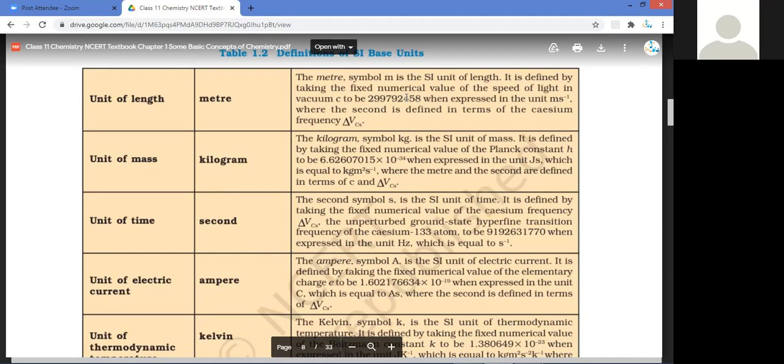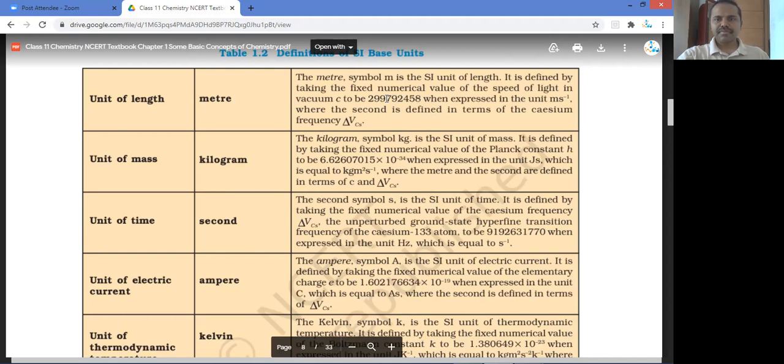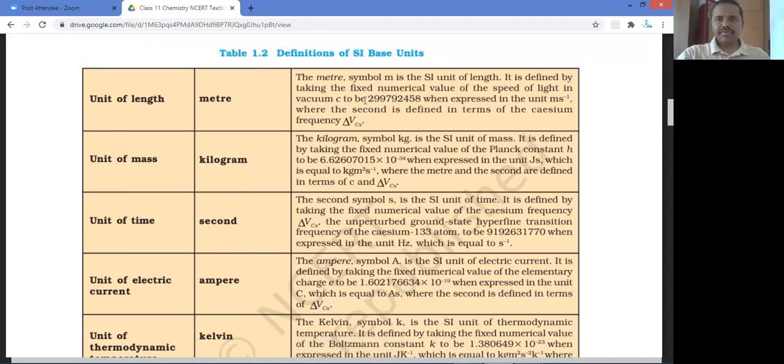They would mention it in the exam question. But as of now, just understand it's 3 into 10 to the power of 8. And you know that it's some 299 something. This number is 3 into 10 to the power of 8.